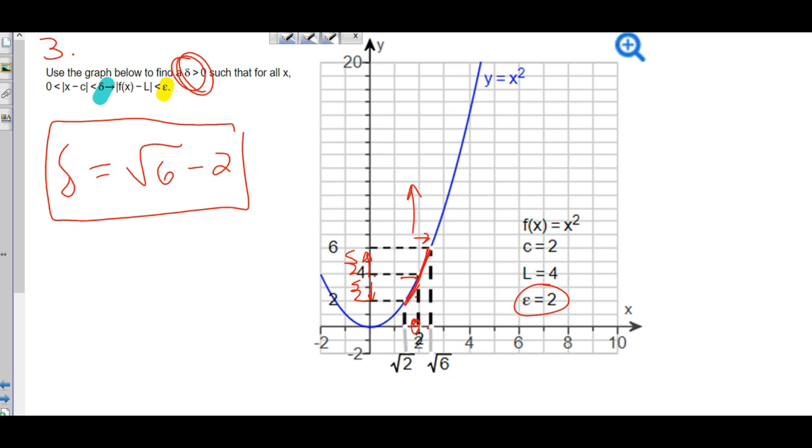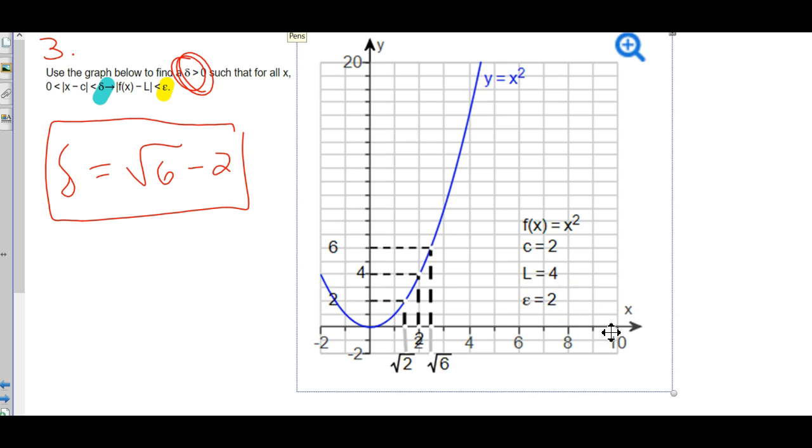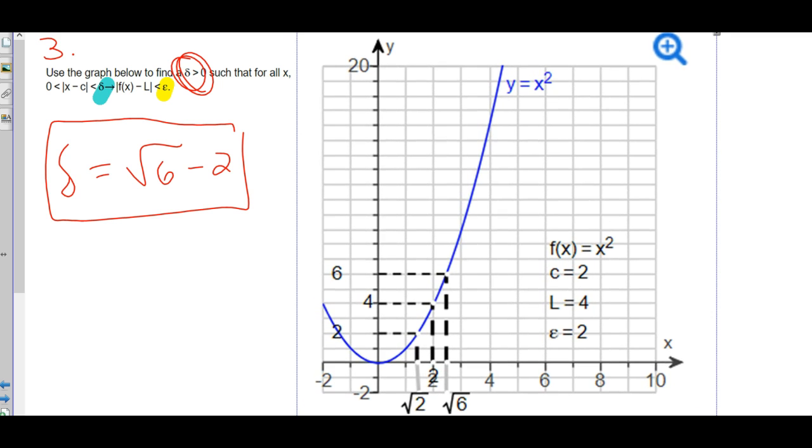Okay? And so ultimately what that means is we want to guarantee that we are within the epsilon window. So if we went right and left that much, we would be guaranteed that we would always fall in the window on both sides, even though we didn't quite get over far enough on the right, and we didn't get as far to the left as we could have, according to this point.